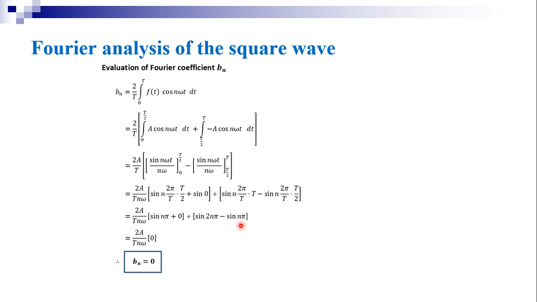So here also we have the value of sin n pi equal to 0. By putting the value of sin n pi, we get the Fourier coefficient Bn equal to 0 in case of square wave.